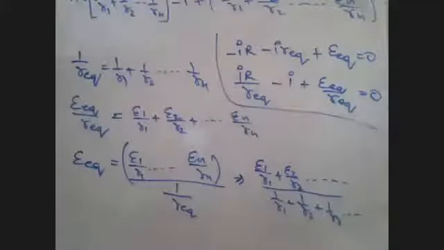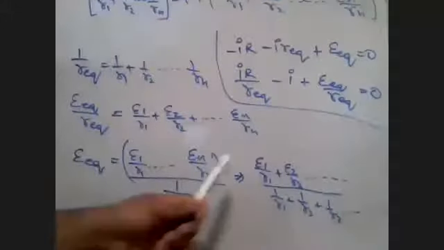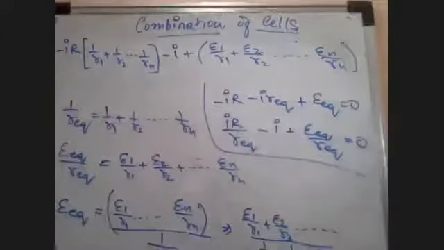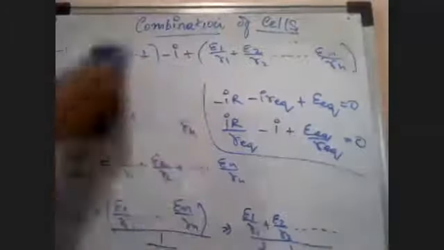if all my potentials in the circuit are equivalent and all my resistors are also equivalent, can I come up to a general expression for this? Let me write the general expression.